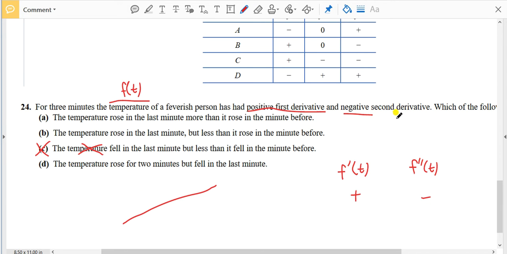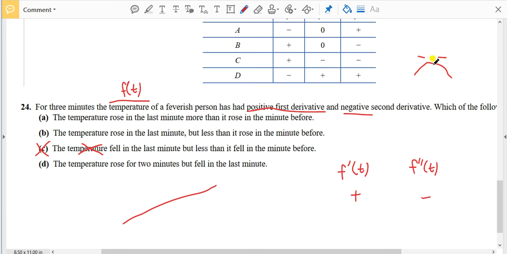Let's consider the next condition. We are given the second derivative to be negative. So as I told you before, when the function has a negative second derivative, that means the function is concave down, right? And we know that the first condition is saying that the first derivative is positive, or your function is increasing.